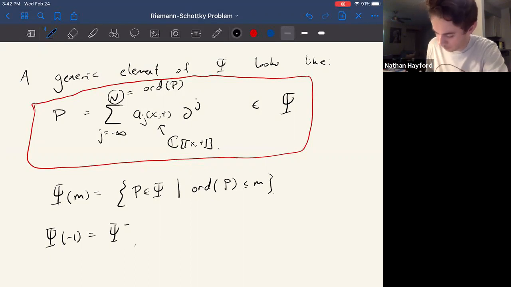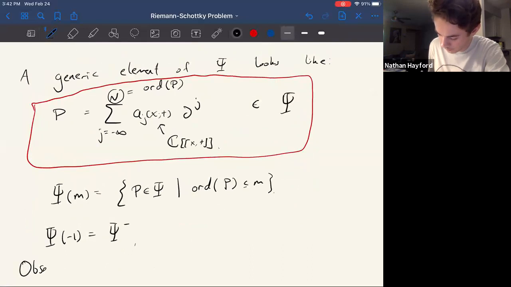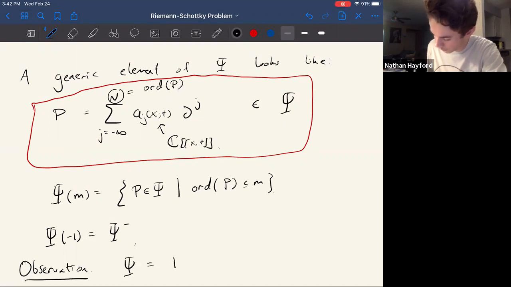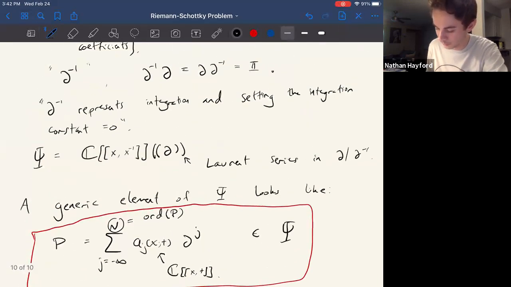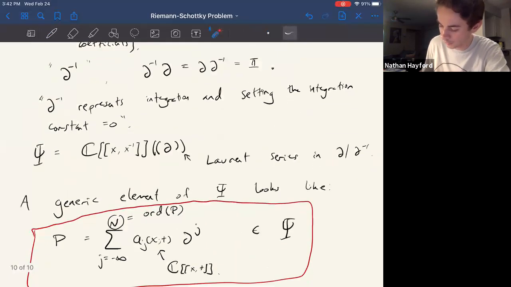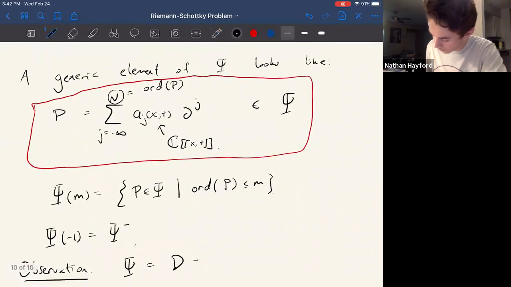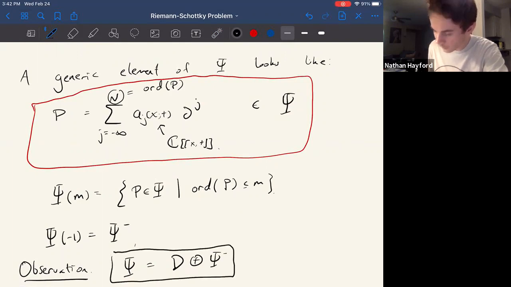And it's not even a theorem, it's just an observation, that Psi decomposes as the space of differential operators. Remember, D is the space of ordinary differential operators, linear differential operators with these kinds of coefficients, only in the variable x, direct sum with Psi minus. So we have this nice direct sum decomposition.